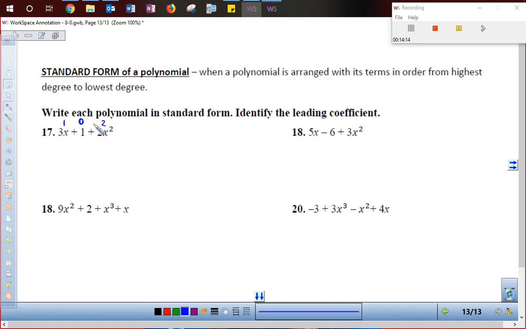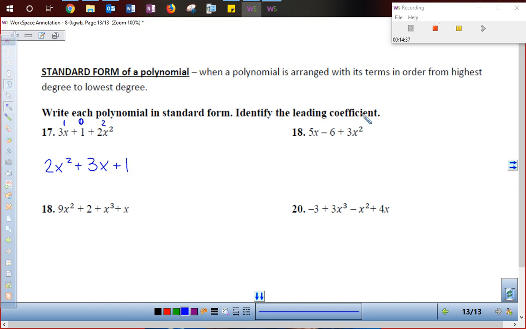So the highest degree here is 2, so that term 2x squared goes first. The next highest degree is 1, so the term 3x goes second. And the lowest degree is 0, so this constant needs to go last. So 2x squared plus 3x plus 1 is in standard form.